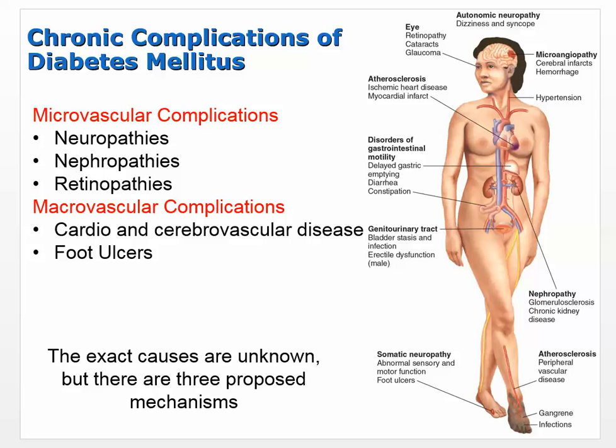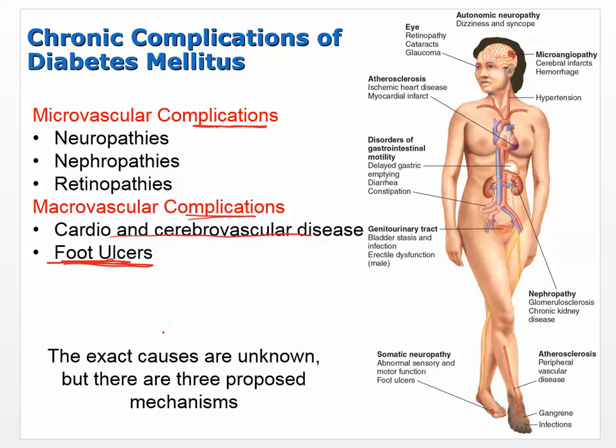Now, chronic complications of diabetes mellitus: microvascular complications, so it does a lot of damage to small blood vessels; macrovascular complications, which can include cardiovascular and cerebrovascular diseases; and then also, not necessarily fitting under macrovascular complications but important to understand because this is a serious problem, foot ulcers.